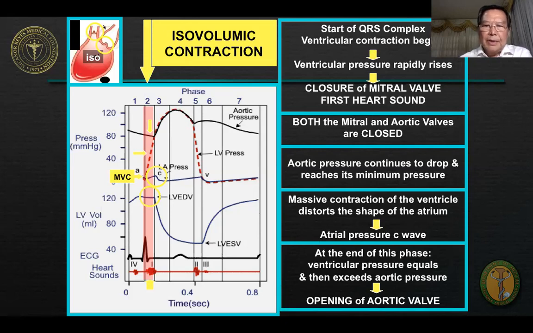At the end of this phase, the ventricular pressure equals and exceeds the aortic pressure, that is somewhere over here. That is the aortic pressure. This is the LV pressure, right? So there is a consequent opening of the aortic valve over in this part of the cardiac cycle. Okay.